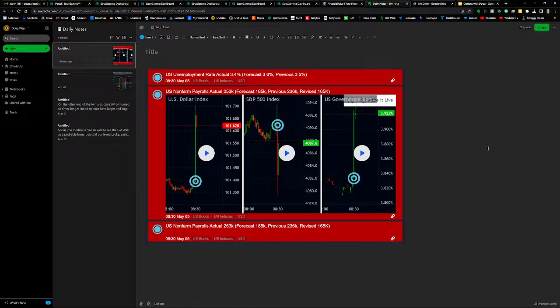And then also today the employment report came out at 8:30 a.m. Eastern Time, and here's the results. The number came in higher than forecast, and actually slightly higher than the previous number. So higher than expected, higher than the previous number.